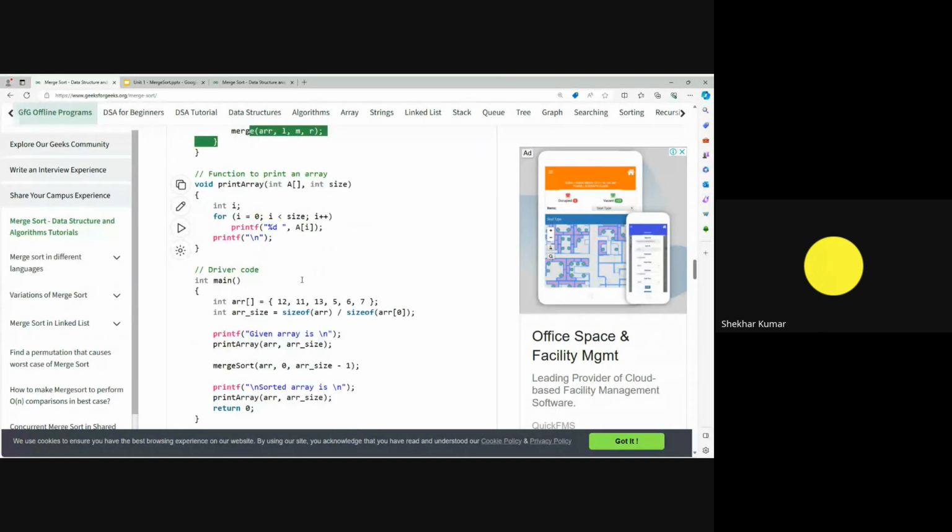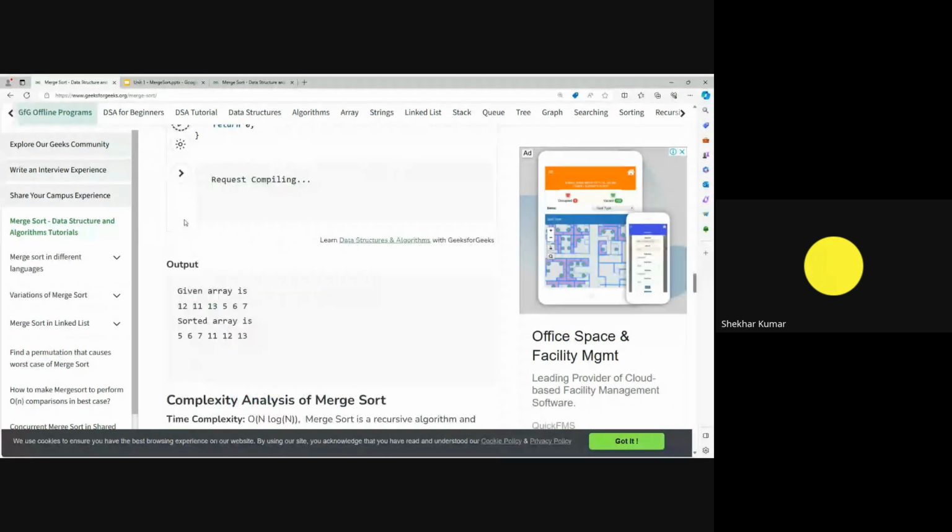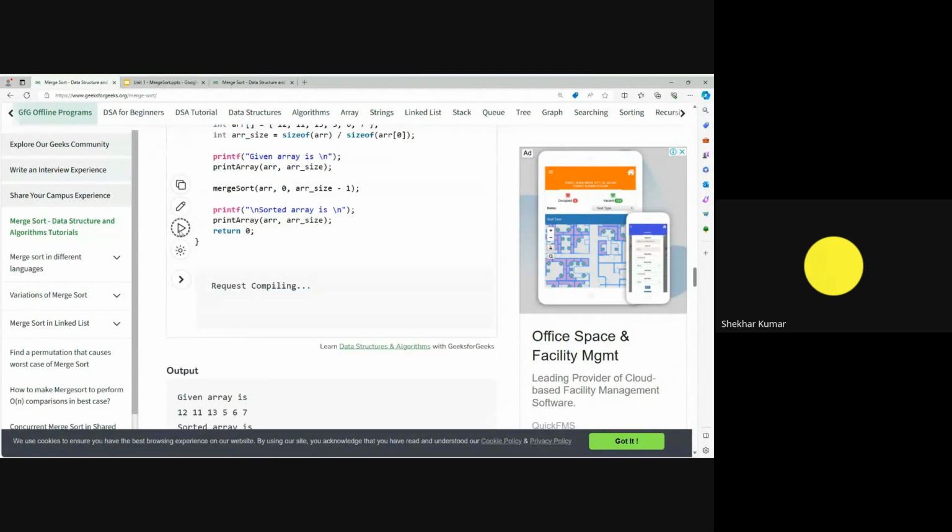Okay, when I run this program, actually this is compiling. After compilation, you can see the result.